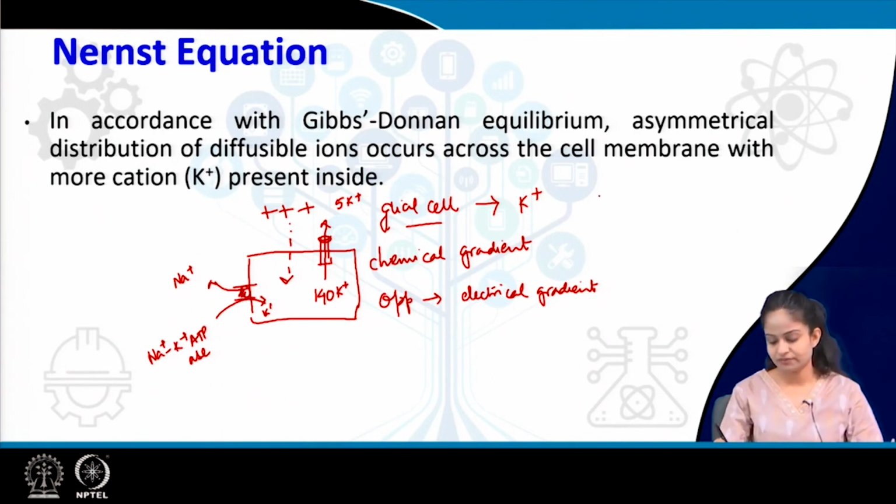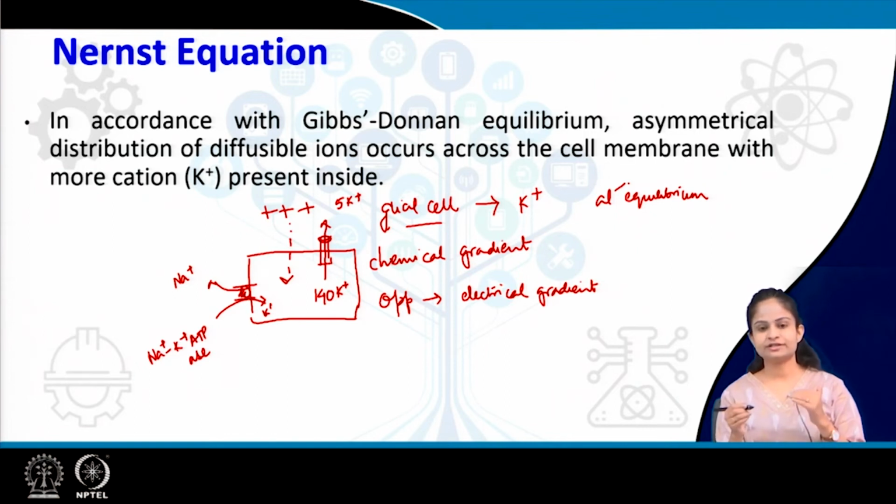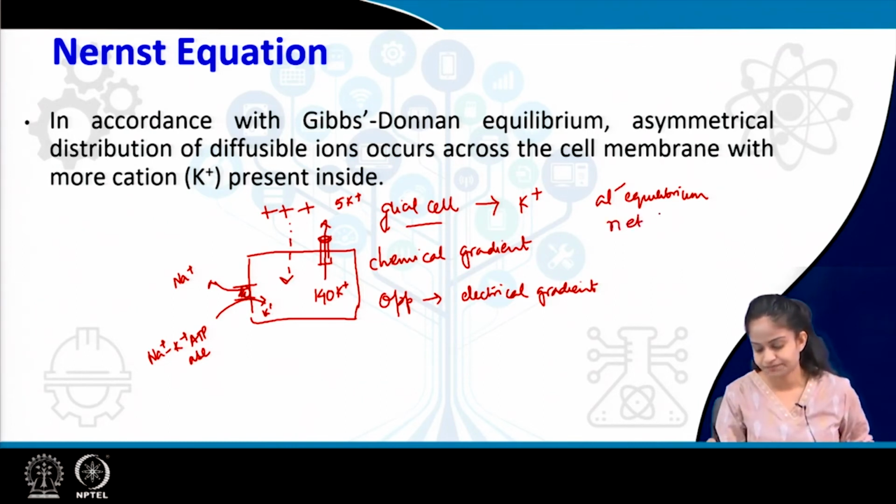At equilibrium, what will happen? There will not be any net flow of the potassium ions. Net flow of the potassium ions means that suppose there are 5 potassium ions going out, an equal number of 5 potassium ions will go inside. So, the net flow will be 0.